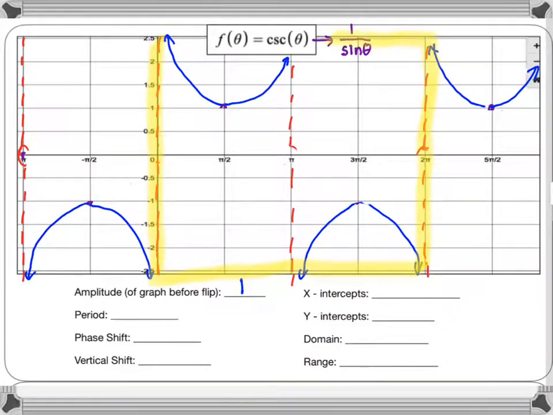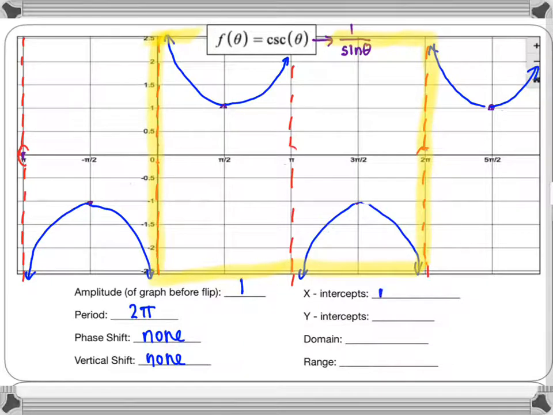If we look at this box, it starts to repeat itself after that. So that is really one good periodic example of the cosecant graph. That's going to be 2 pi, the same as its reciprocal, sine. Phase shift, we're not shifting anything right now, but it works the exact same way as sine, so keep that in mind. And same thing with the vertical shift.